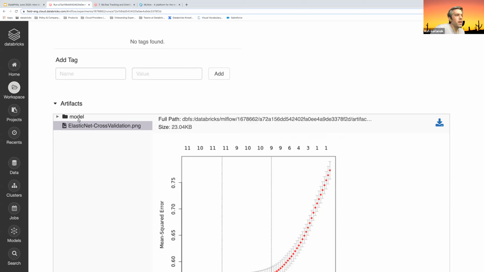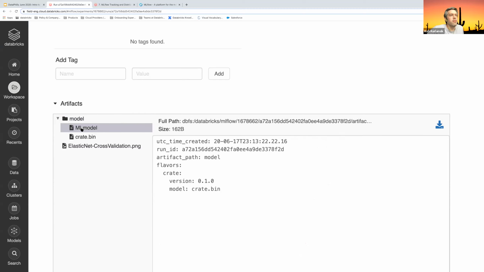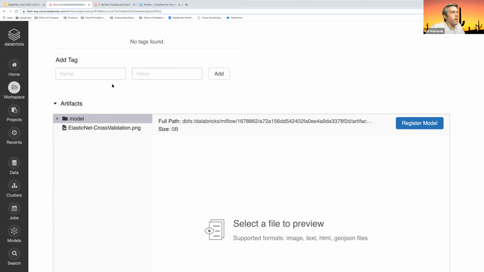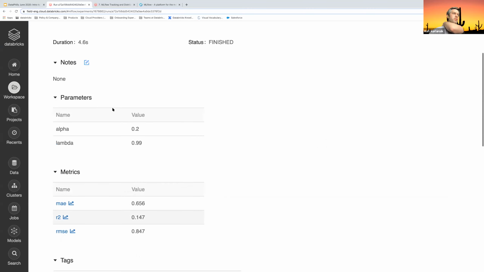It's pretty cool. And then obviously, probably the more important artifact is the model itself. So here is this particular GLMNet model that we trained. And this file will have the dependencies for this R model. Okay, so that's the basics of the tracking server.